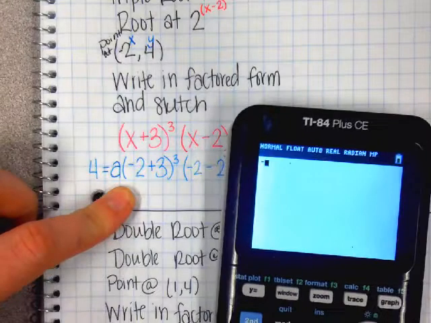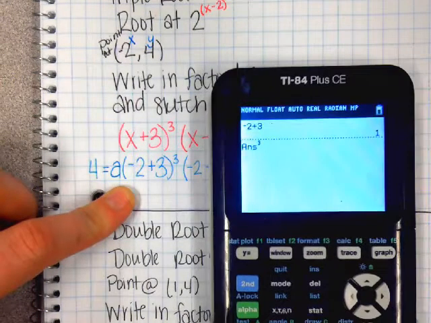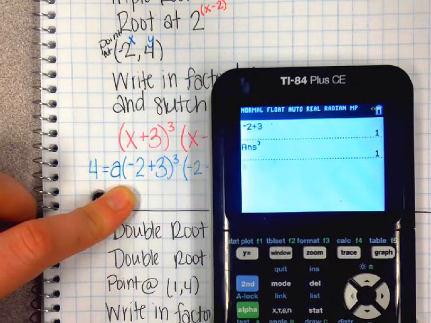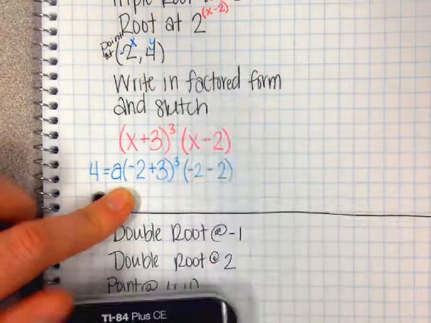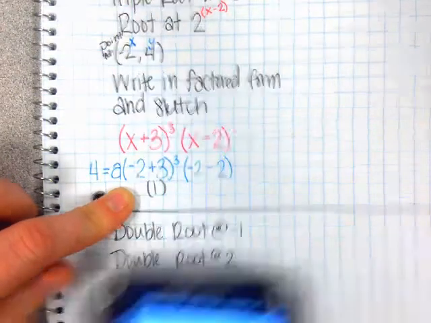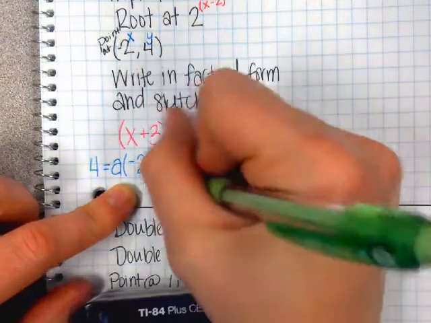So -2 plus 3, and then cube it. You could also just say -2 plus 3 cubed is just 1, times -2 minus 2 is -4.